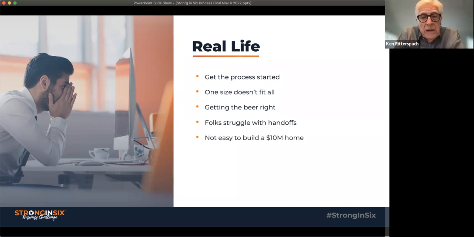Not easy to build a $10 million home. I've got another client that builds multi-million-dollar homes out in Montana and Wyoming. Gorgeous homes, right? And one of their processes is they've got an operations manager, and then they've got project managers working on each of these homes. And to build a home like that takes 2 years, right? And so their process, kind of an informal process at first, was that the operations manager once a month would have a one-on-one meeting with the project manager and go through the details of where the project was.